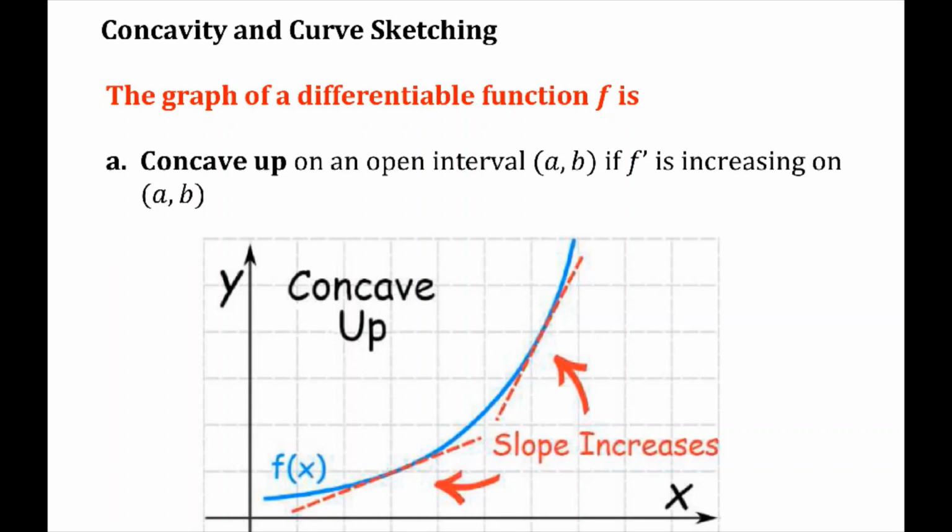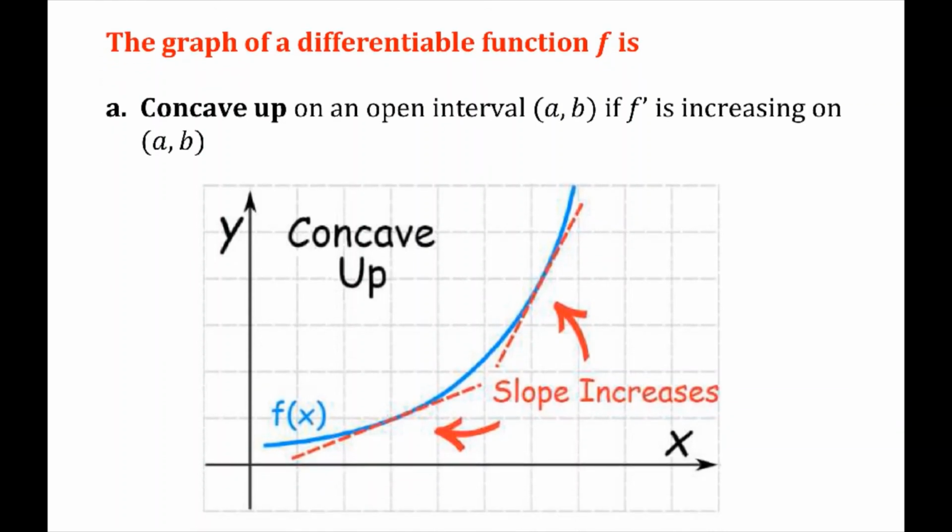Well, when it comes to the concavity, in general, regardless of the sign of the slope, positive, negative, or zero, the slopes of the tangent are decreasing as we move from left to right, or increasing as we are moving from left to right as well.